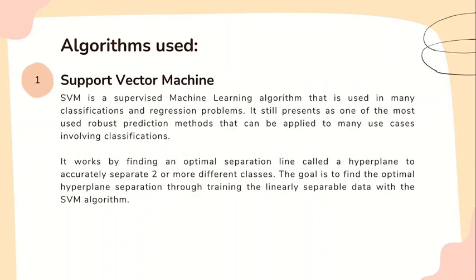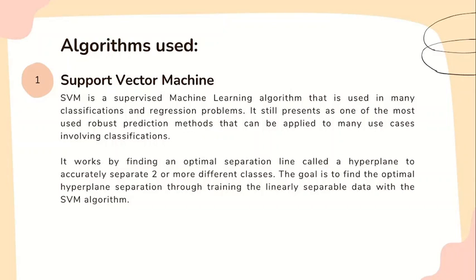Next, we will study the algorithms we have used in this project. In this project, I have used three algorithms. I have compared these three algorithms and used the best algorithm for training our model. First is the support vector machine. SVM is a supervised machine learning algorithm that is used in many classification and regression problems.